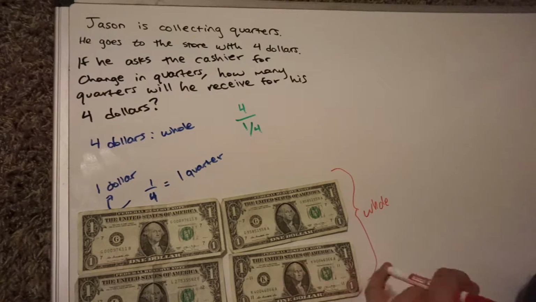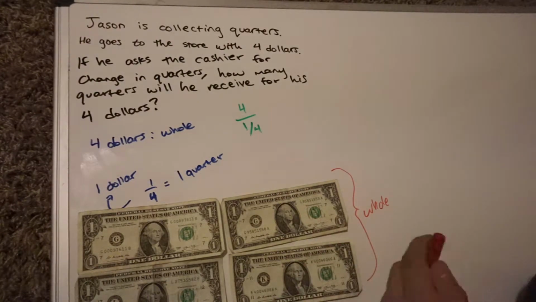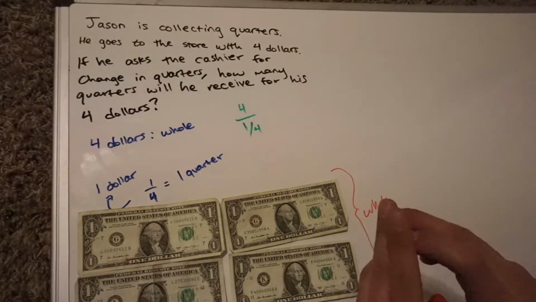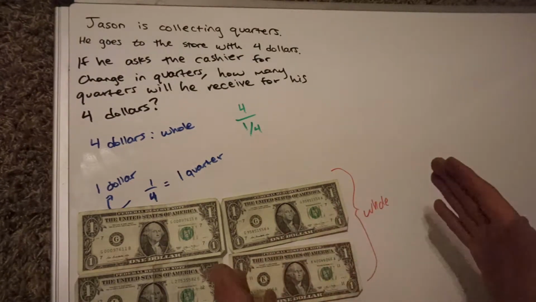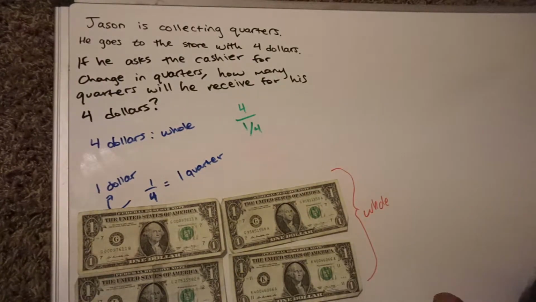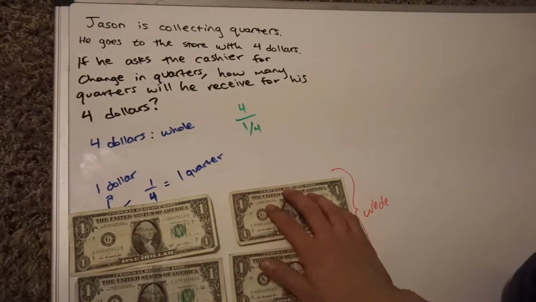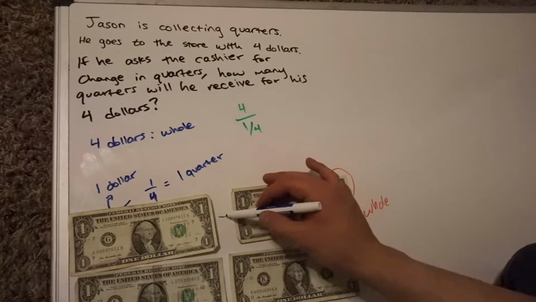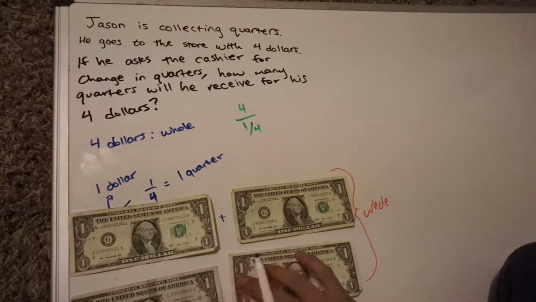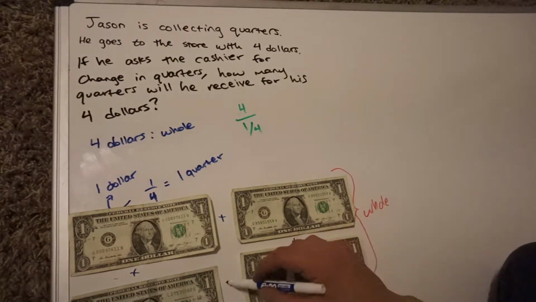Because we know that 1 plus 1 plus 1 plus 1 is equal to 4, we can do some fraction decomposition and split up this fraction so it's a little easier to look at. Let's rewrite our whole as 1 plus 1 plus 1 plus 1.